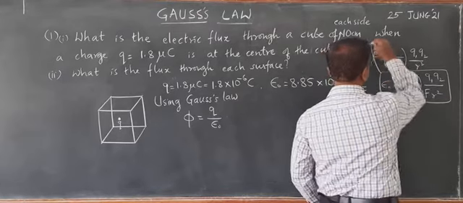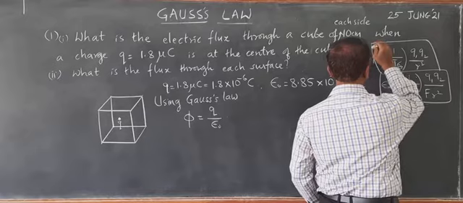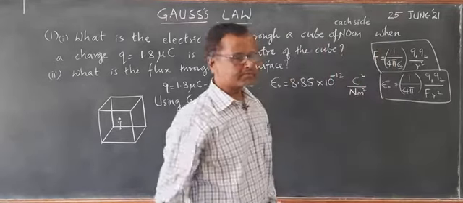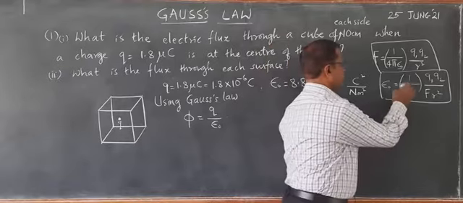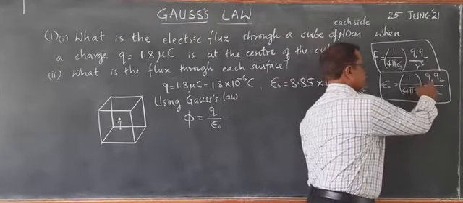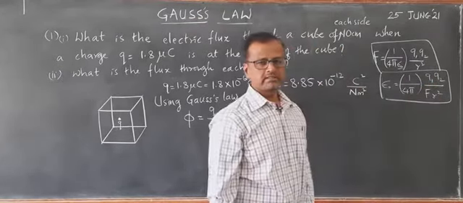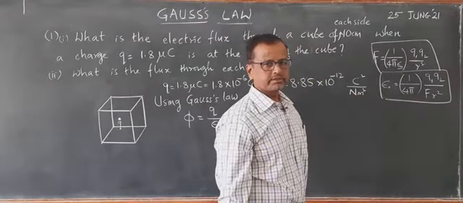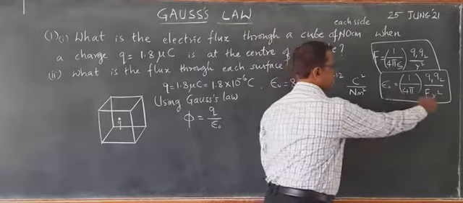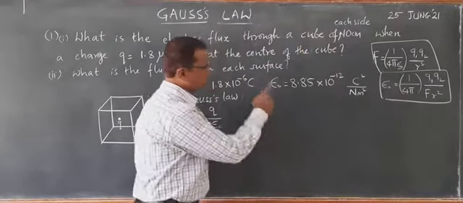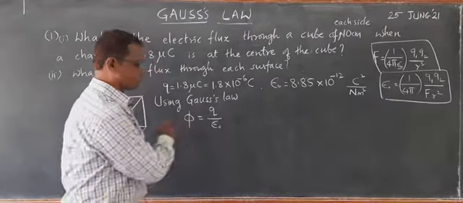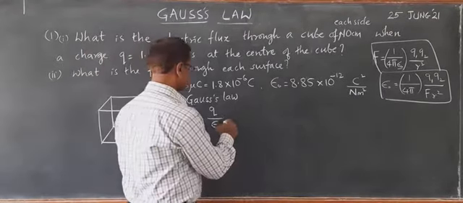So, by remembering Coulomb's law, we can write the SI unit of epsilon naught. Leave aside the constant. The SI unit of charge is coulomb, so coulomb square; the SI unit of force is newton; the SI unit of distance is meter. So, coulomb square per newton meter square. Now, if we substitute this, we get the result.